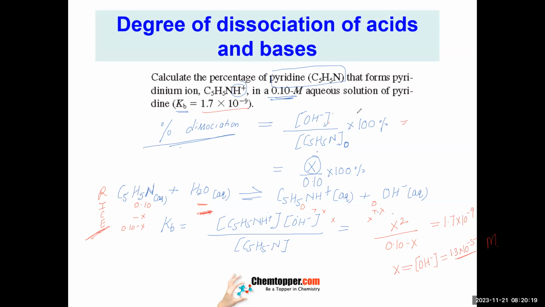Yes, now we know OH minus is 1.3 times, children, I'm writing here, 1.3 times 10 raised to power minus 5, times 100% over C5H5N, which is, what was the initial? 0.10. Get the answer in two significant figures.